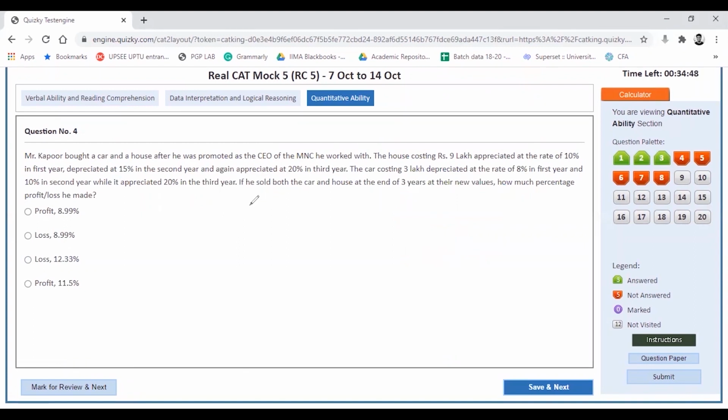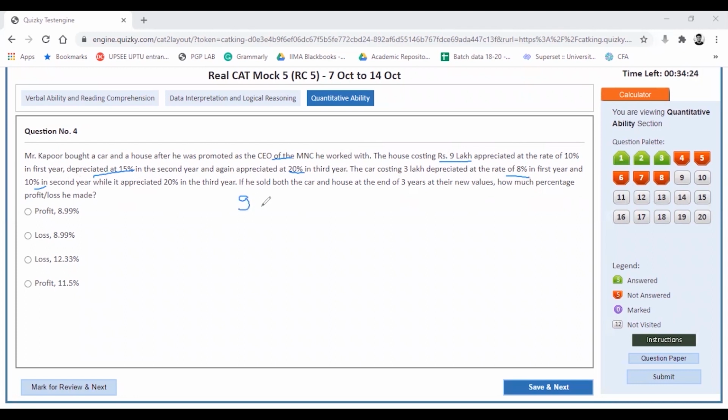Now this is an expression wherein this is a car costing 9 lakh rupees, depreciate rate of 10%, depreciate 15%. Okay, appreciate at the rate of 8% the first year, 10%. Okay, so what I need to do here is find the net present profit or loss.